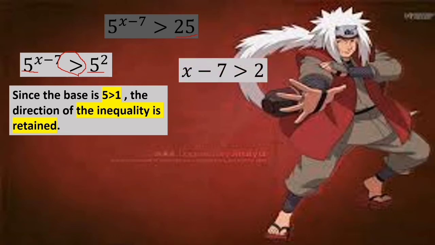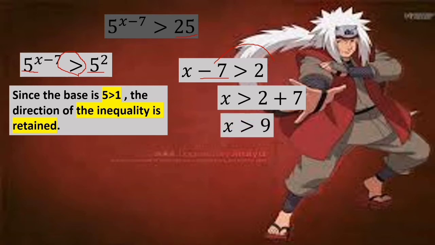So, x minus 7 is greater than 2. Then, we solve for x, then x is greater than 2 plus 7. So, bakit siya naging plus 7? Kasi nga, itong minus 7, inilipat natin siya sa kabila, we combine like terms. So, x is greater than 2 plus 7, which is x greater than 9.